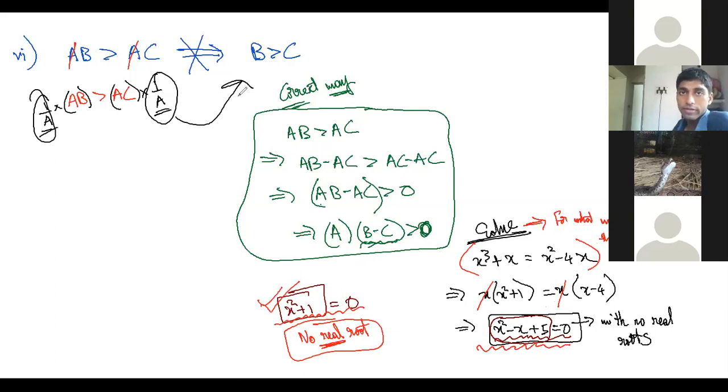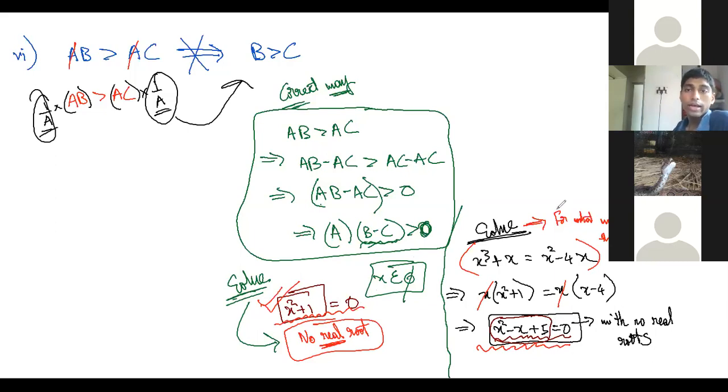For no value of x. Suppose that you solve x square plus 1 equal to 0. What is the answer? The answer is no real root, or x belongs to the null set. What is the answer here?